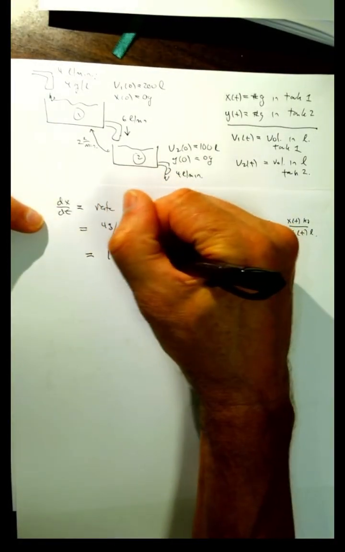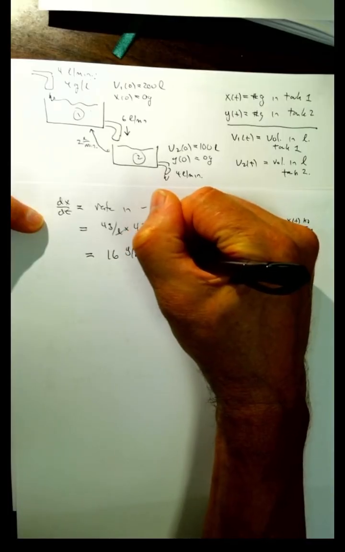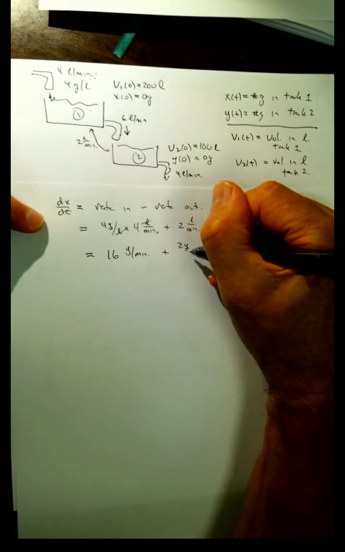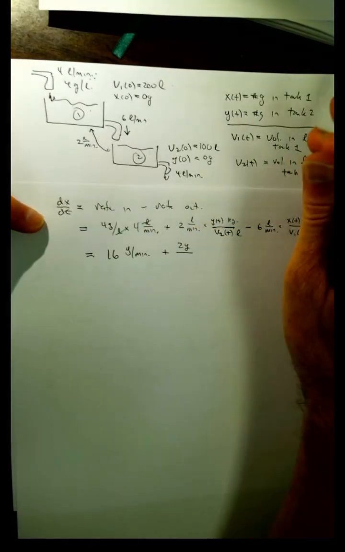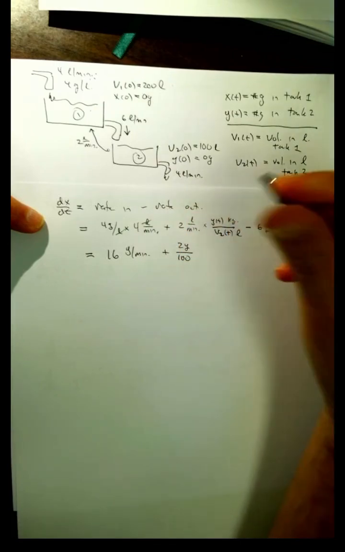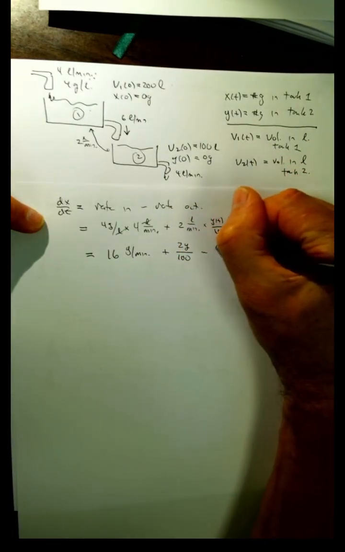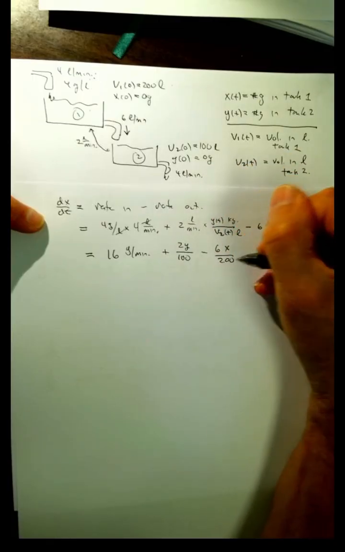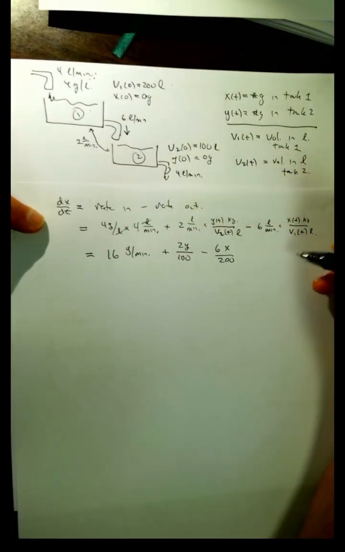So let's clean this up. This gives me 16 grams per minute, plus 2y over V2, and we said V2 is a constant 100 liters, and then minus 6x over V1, and we said V1 is a constant 200 liters. And this is all going to be in grams per minute.